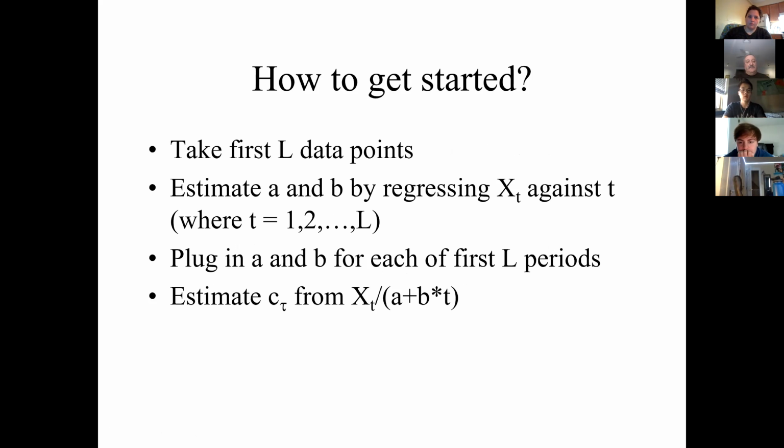And then there's a whole issue about how you get started. So let's say that your time series has a 12-month seasonality to it, or a 12-month period. Take the first 12 data points and fit a regression line to them. In other words, estimate the intercept and the slope by regressing on the first 12 data points.